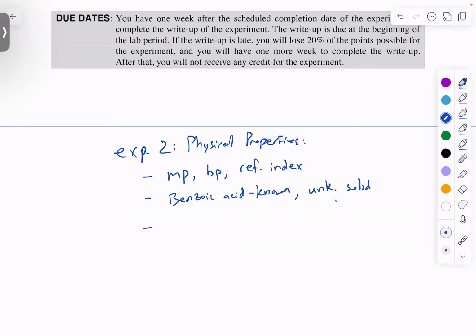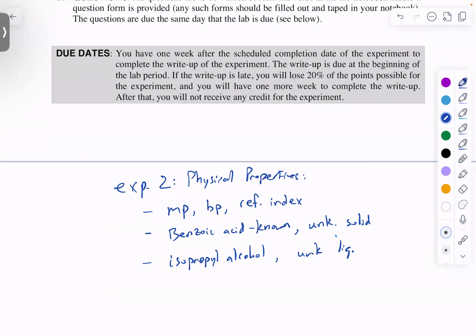So you're going to be using a known liquid, which is isopropyl alcohol, and then you're going to be using an unknown liquid. Right? So those are the things you would want to include in your purpose statement. And again, it should be very brief, only about 2 to 3 sentences. So with that, I think I'll conclude, and I will see you in class.